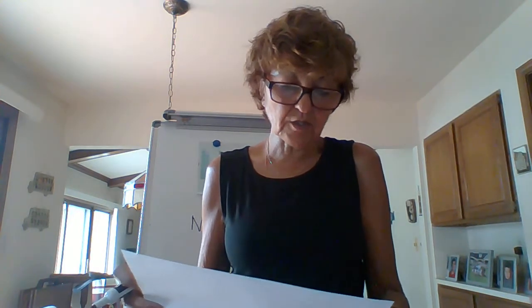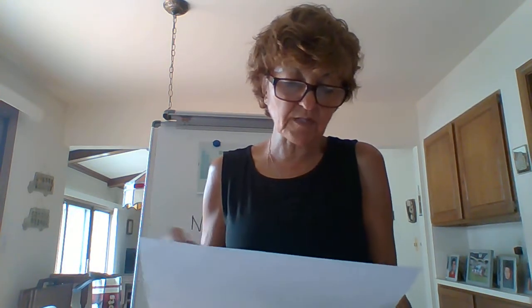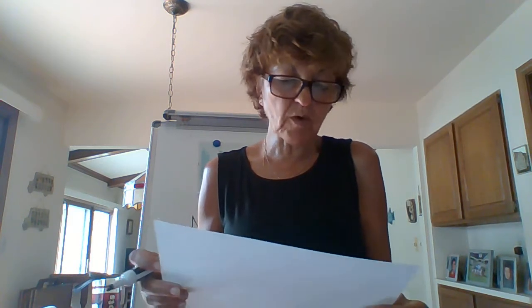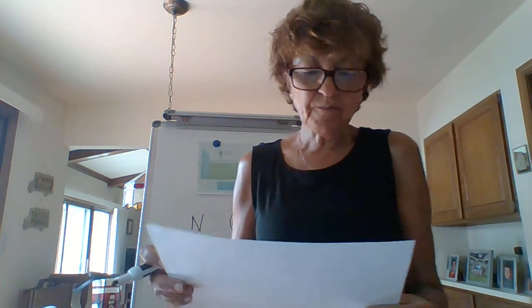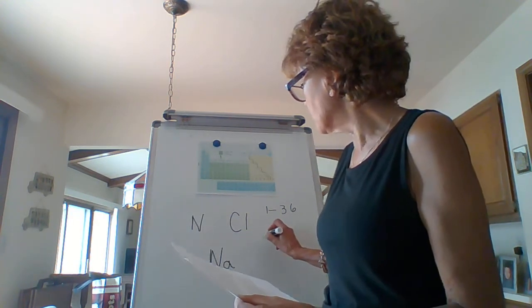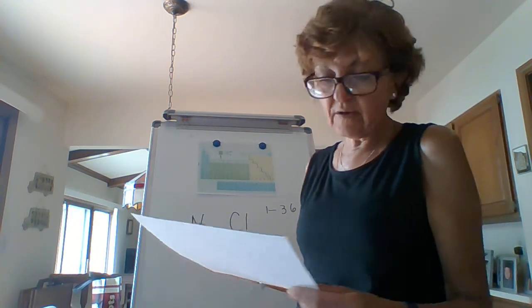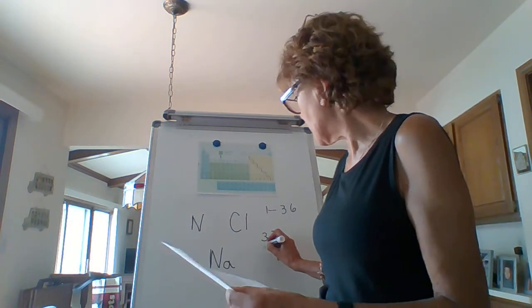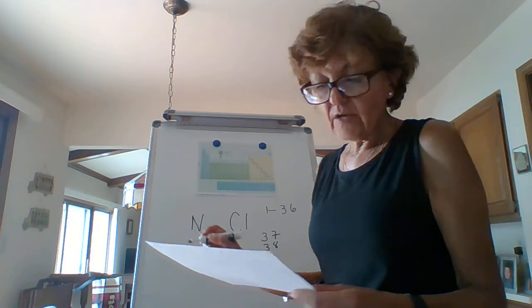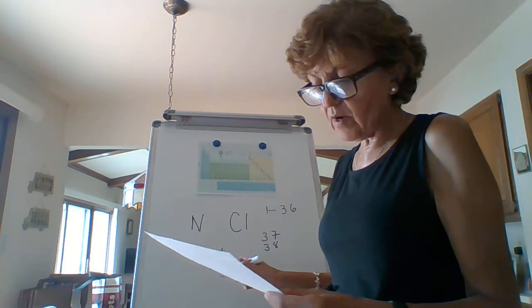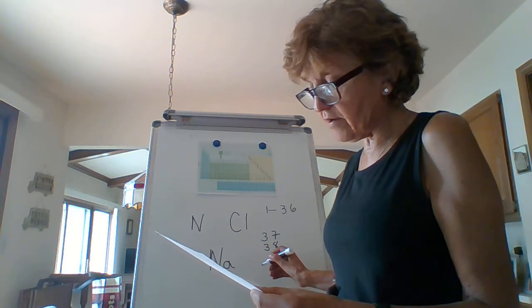Then when you get to the 5th row, 6th row, 7th row, we can pick and choose some key ones. You should know number 37, which is rubidium. So I'm going to write down the numbers you should know. 37, 38, so rubidium and strontium. You should know, let's move along here.